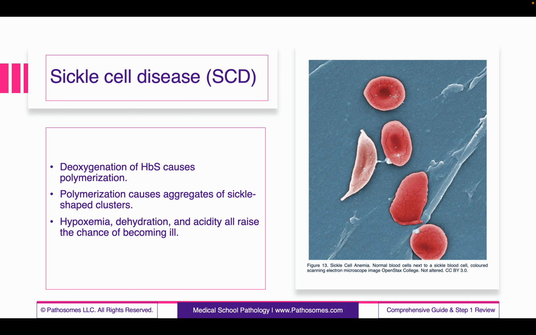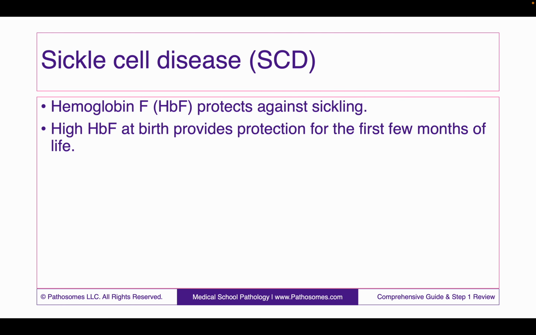This image to the right shows a colored scanning electron microscope image of a sickle cell and other red blood cells. With sickle cell disease, hemoglobin F protects against sickling. High hemoglobin F at birth provides the young baby protection for the first few months of life.